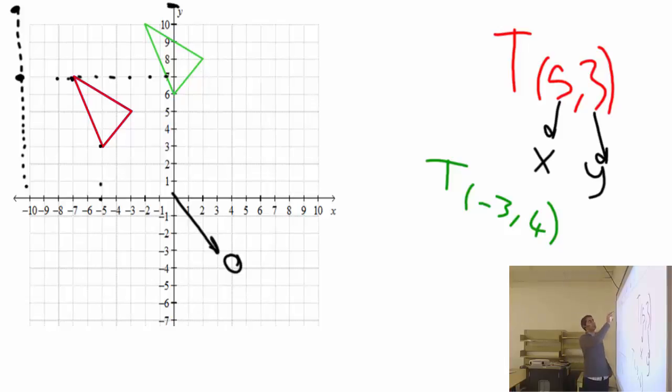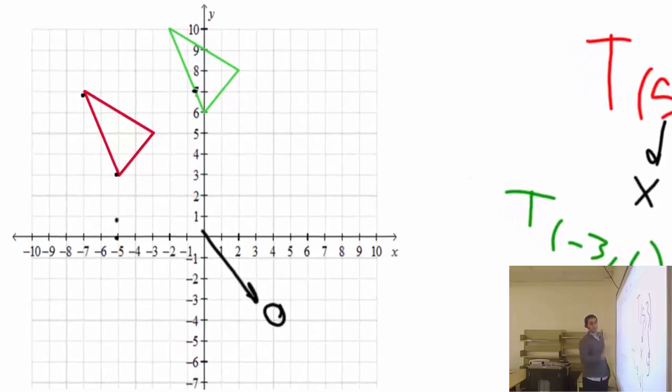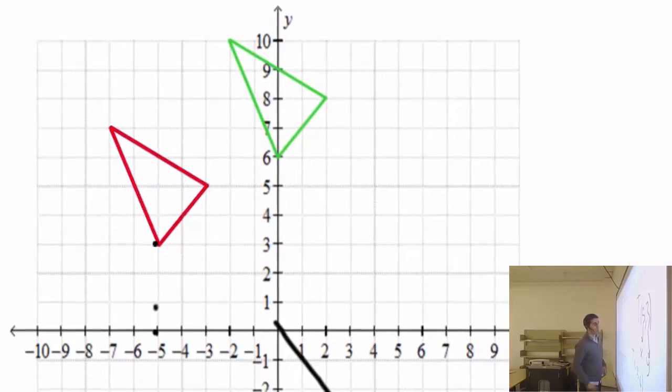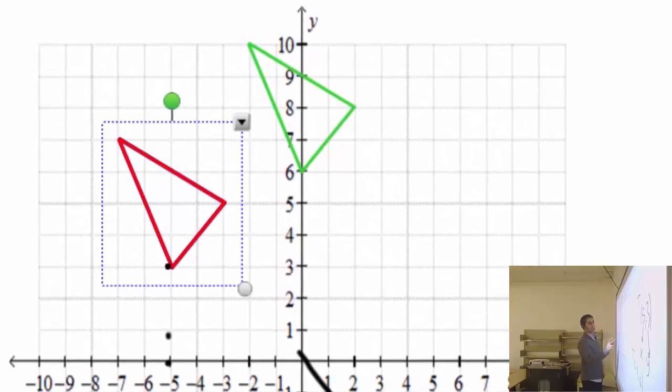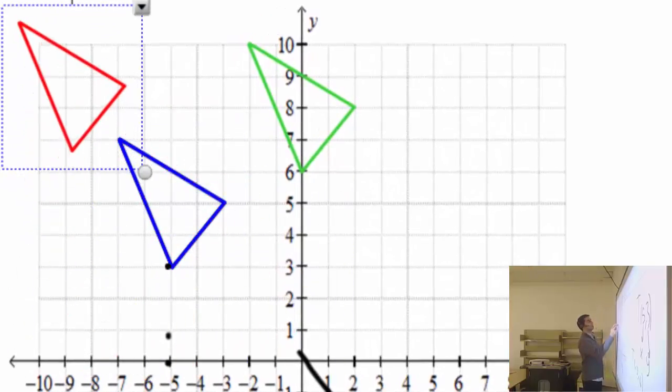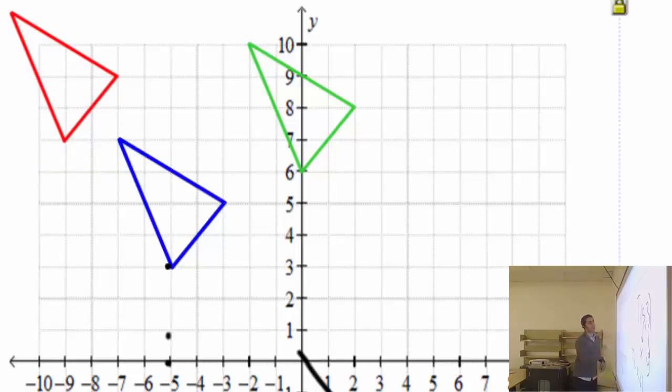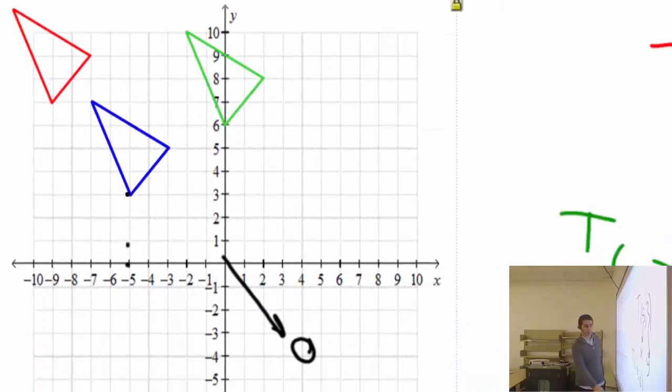So let's clear this. So this red triangle will be moved to 11. This corner is supposed to be at -10 and 11. So I just did that.